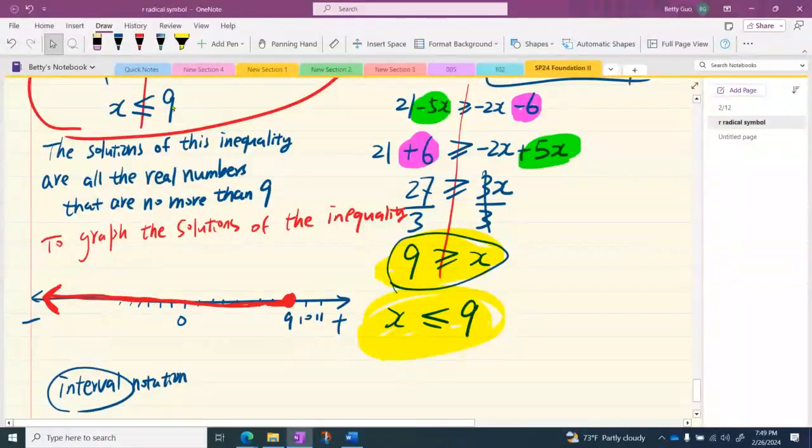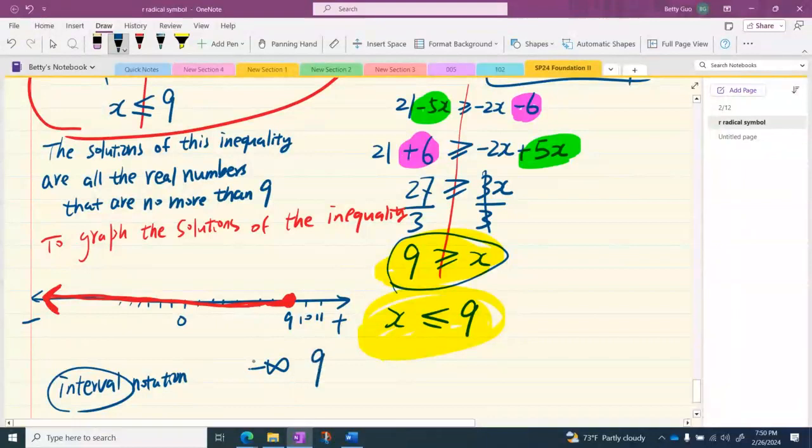And can anybody tell me where the red piece starts from the left? That is called the left endpoint. And where does the piece stop on the right? That is called the right endpoint.